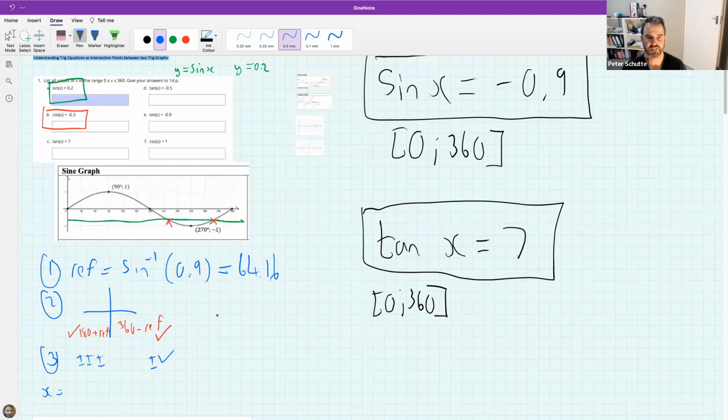Now, what are our final answers to this equation? Sine of x equals minus 0.9 going to be? My graph is telling me that they should be in quadrant 3 and 4. The other thing that tells me that is that we know sine is negative in quadrant 3 and 4. And that's using something called the CAST diagram.